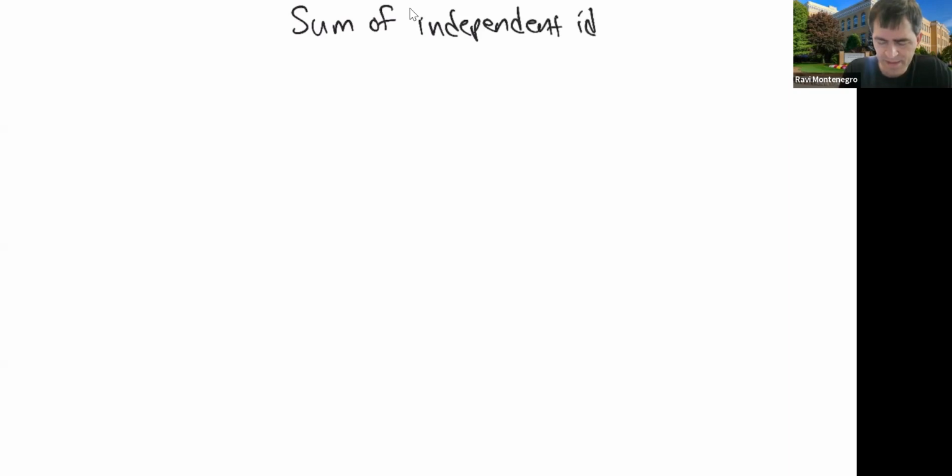So what we're looking at now will be the mean and standard deviation of a large sum. I'll call this the sum of many independent variables. The particular term that is commonly used is independent, identically distributed, random variables.